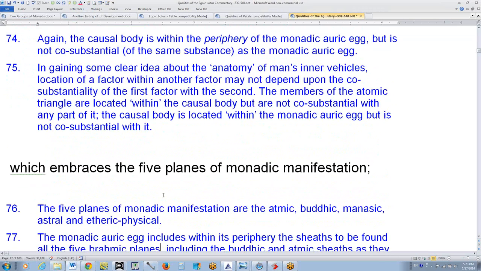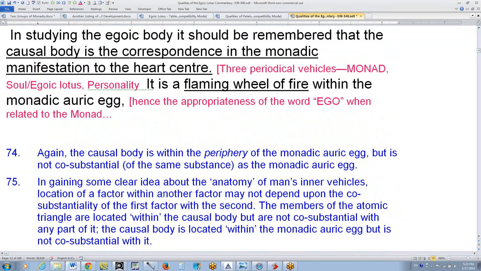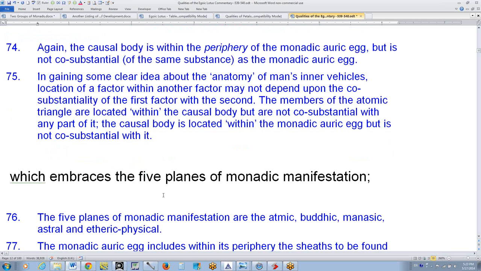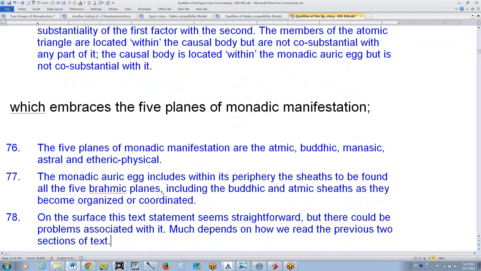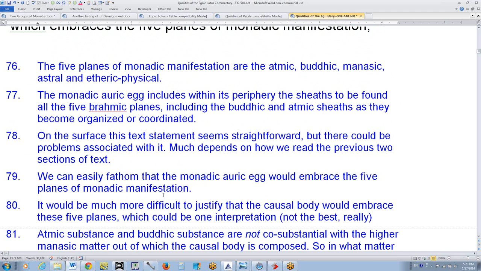So, it is a flaming wheel of fire within the monadic auric egg, which embraces the 5 planes of monadic manifestation, the monad being on the 6th plane. The 5 planes are external to it because they have a lower rate of frequency. So, you know, the atmic, buddhic, manasic, astral, and etheric physical are those 5 planes. The monadic auric egg includes within its periphery the sheaths to be found on all the 5 Brahmic planes.